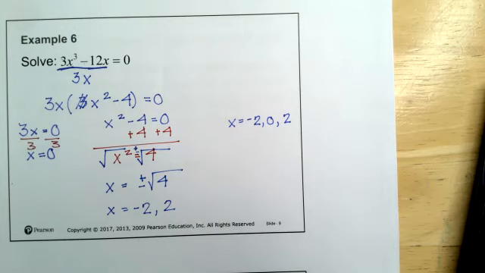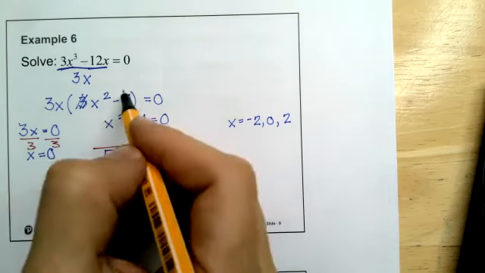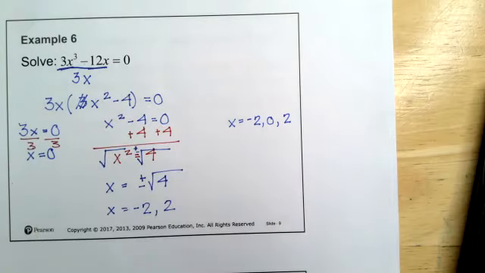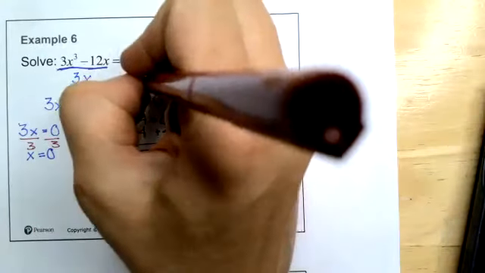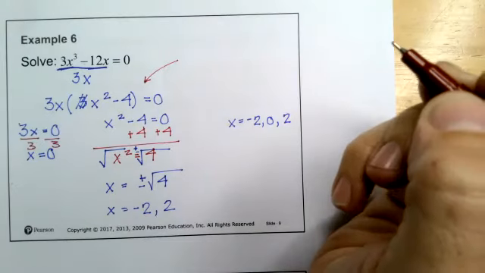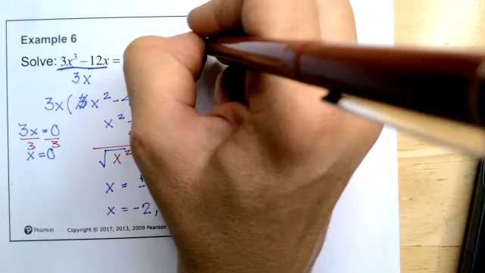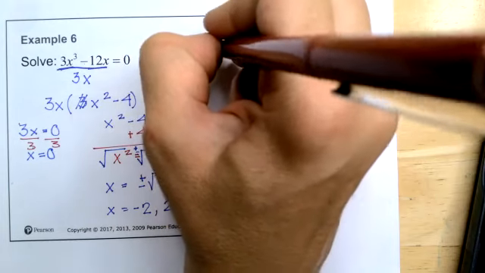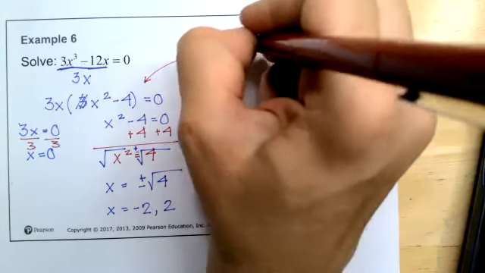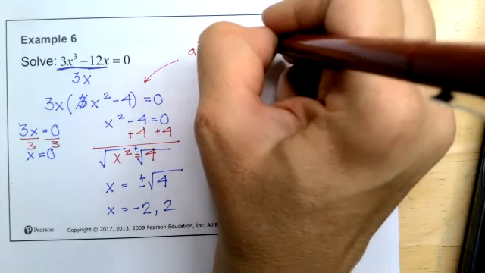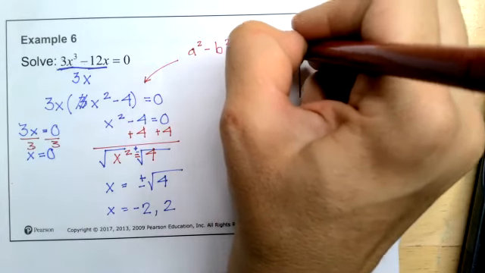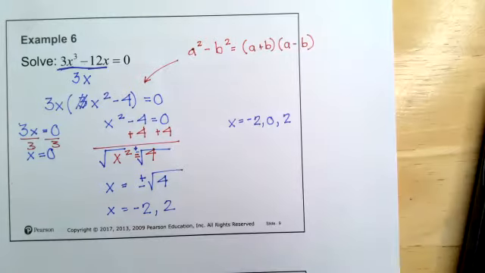Good. Also, if you know the difference of 2 squares, right? This is the difference of 2 perfect squares, which was from Wednesday. So the equation for the difference of 2 squares is a squared minus b squared equals a plus b times a minus b, right?